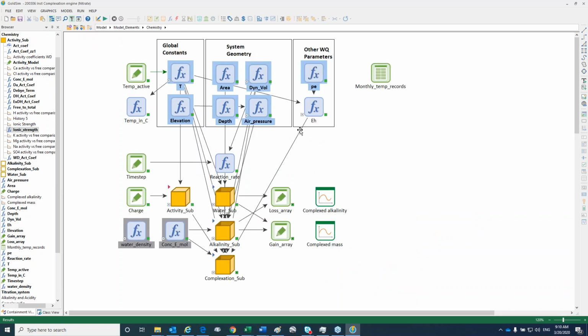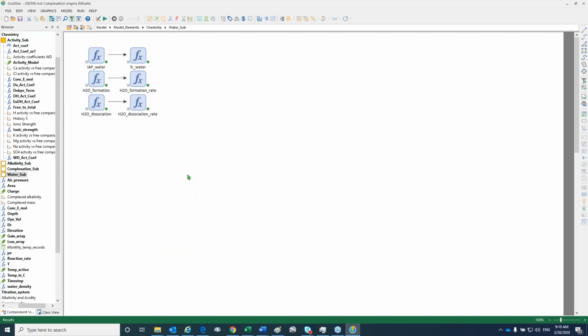Now, I just want to start talking a little bit about how the model and the actual algorithms work. I think the best place to do that is actually in the water sub. So this is just a water sub model. All we're doing for the water submodel is basically calculating a few key parameters. First of all, this is the ion activity product for the water.